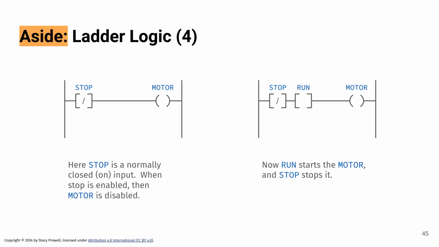So it's like a NOT. And we can combine them. So over on the right-hand side, we have the normally closed stop switch and the normally open run switch. So when I close that run switch, the motor will turn on. And then when I want to stop it, I could push the stop button, which would then open it and kill the motor. Hope that makes sense.